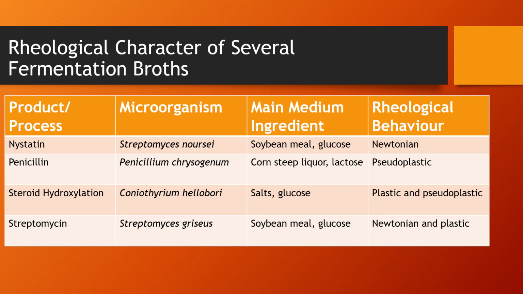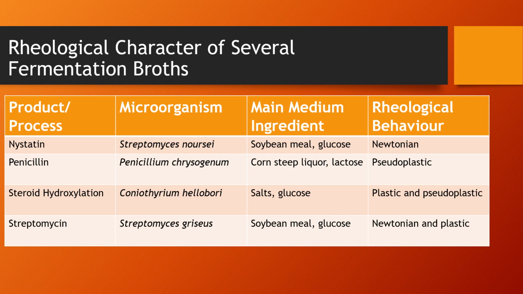Penicillin produced by Penicillium chrysogenum. Main component is corn steep liquor or lactose. It is pseudoplastic. Steroid hydroxylation, it is the process of hydroxylation of steroid to make derivatives of it. What is the microorganism involved?